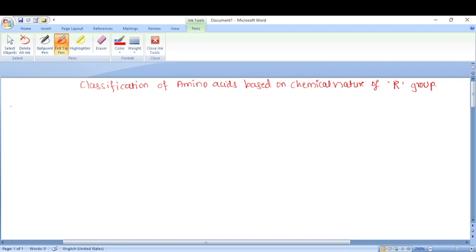Here, chemical nature of R group. Next, examples.